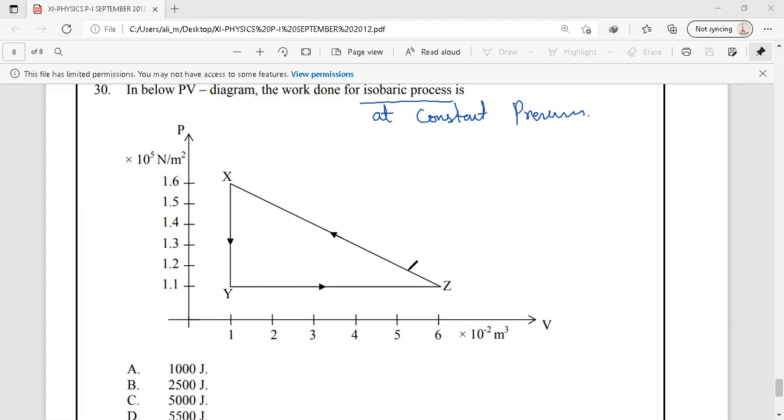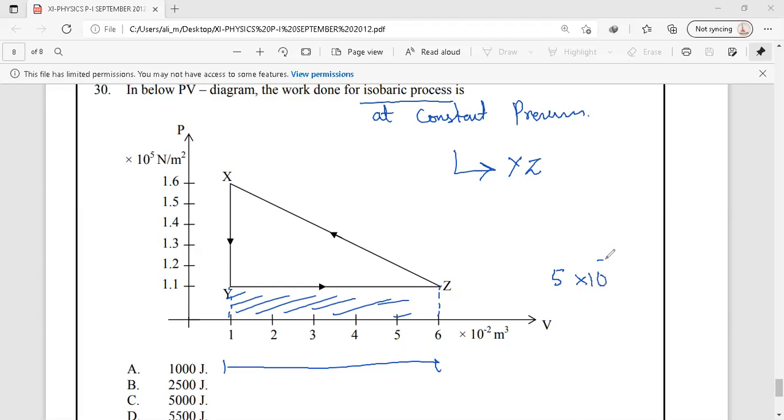Similarly, from X to Z, we have a change in volume as well as in pressure. So the region of the graph that shows the isobaric process is YZ. We have to find the area under the curve of the PV diagram for YZ. The length of this rectangle is 6 minus 1, that is 5 × 10^-2, and the pressure is 1.1 × 10^5.